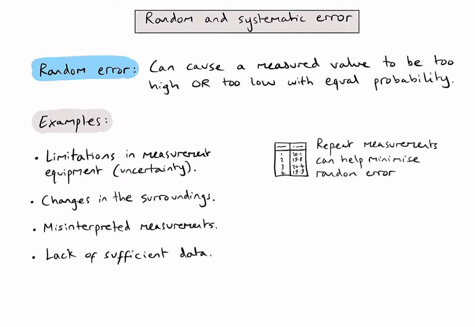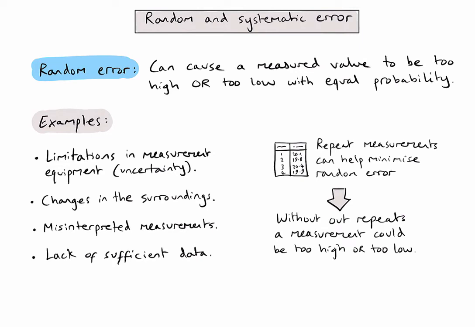This means that without enough measurements or repeat measurements, I am unable to minimize the random error present in my average. So in IB experiments, we should always make sure to repeat a measurement at least 3 times.